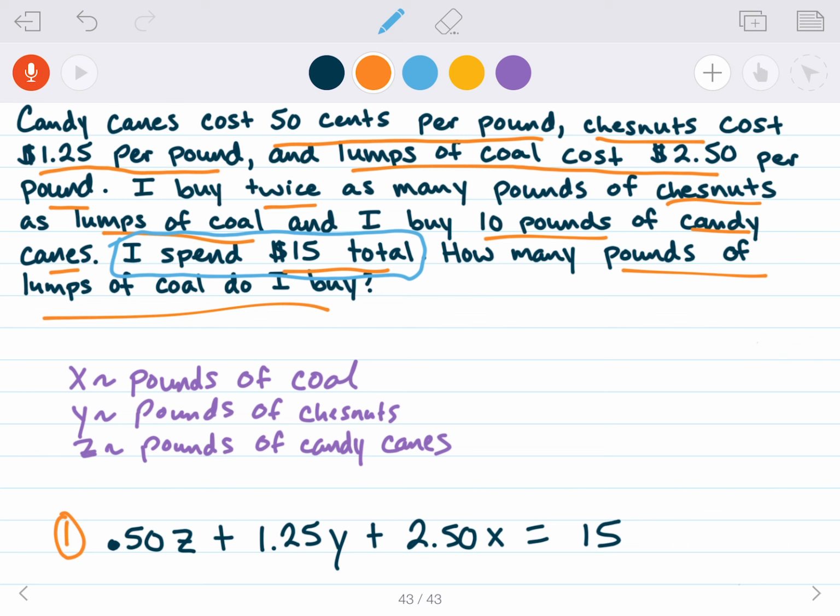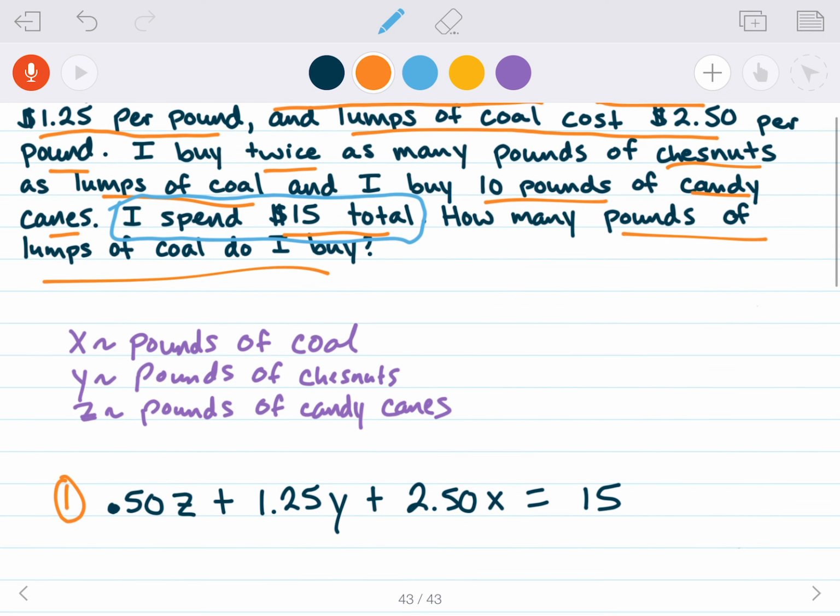What else can we say? If we look at the second sentence, it says, I buy twice as many pounds of chestnuts as coal and 10 pounds of candy cane. So that tells me some information. Twice as many chestnuts as coal.